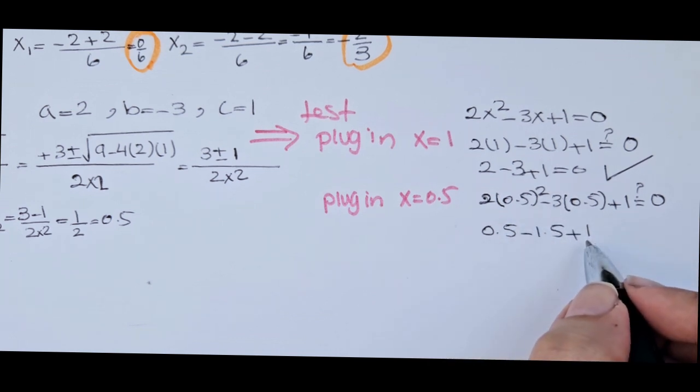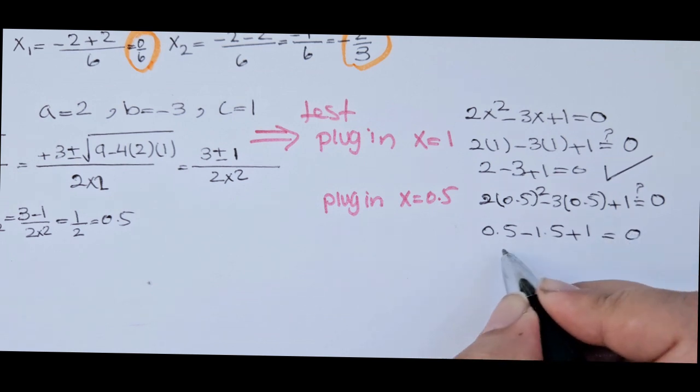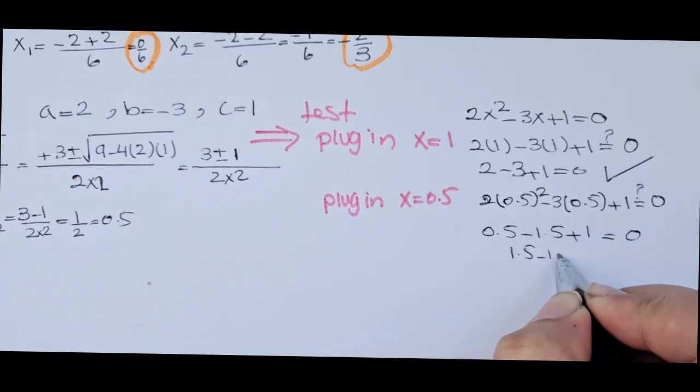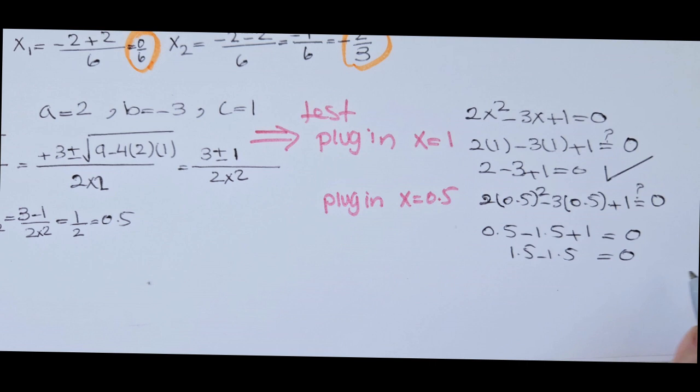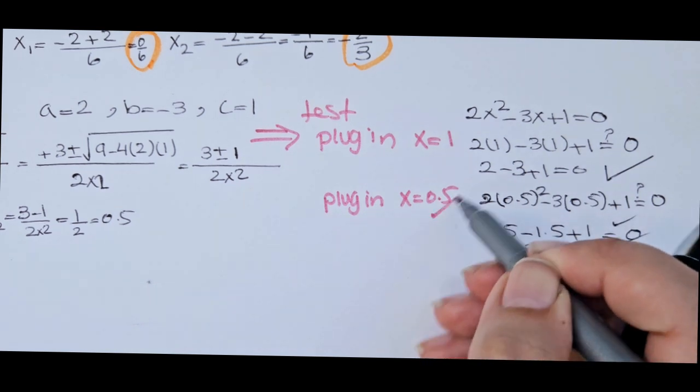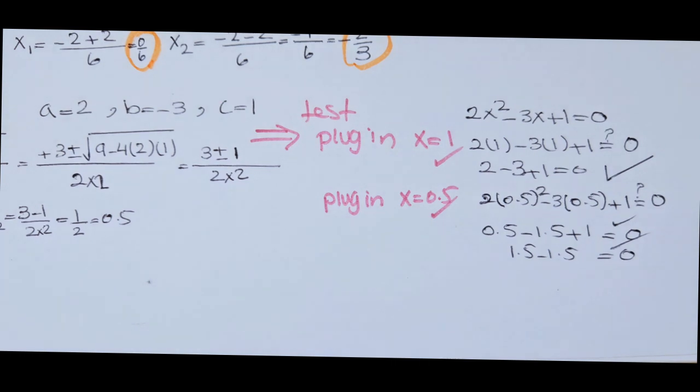So this would be equal to 0 because 1.5 minus 1.5, yes, it is 0. So the second one is also the correct answer. That means both of the solutions we got are correct.